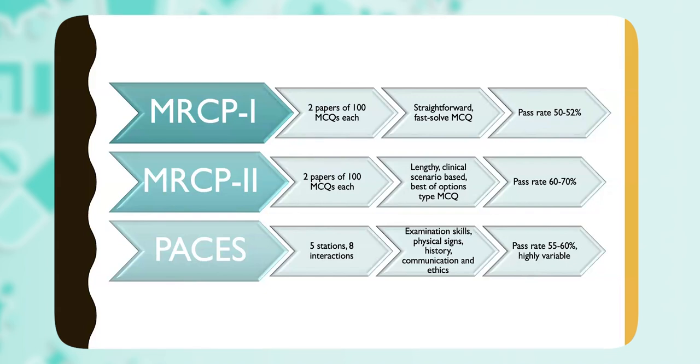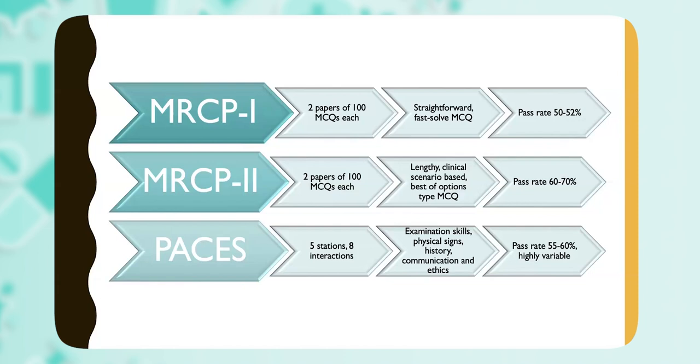The pass rate in MRCP 2 is around 60 to 70%, which is very good, but that is mostly because many of the aspirants cross MRCP part 1 and never sit for part 2. And as you know, PACES is probably the most difficult of all three exams of MRCP, which has 5 stations and 8 interactions, and it will involve a lot of cardiology work and learning and examination skills.